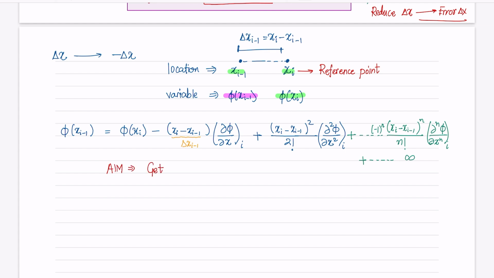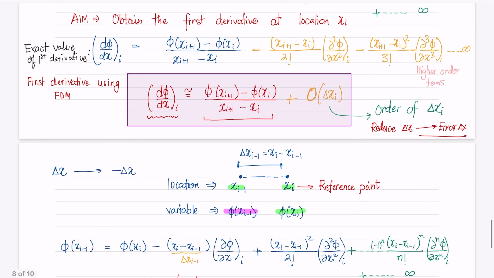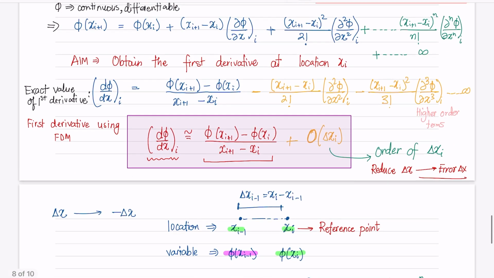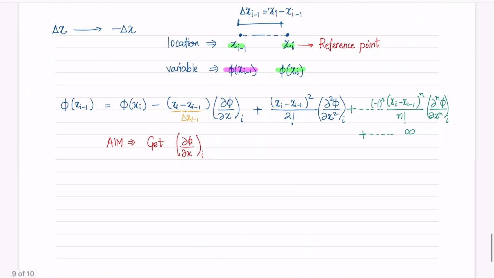get the value of del phi over del x evaluated at the point I. I'm using these partial derivatives here, assuming that this phi could be multivariable. If this is a single variable, this would simply become d phi over dx. I think in the previous case I was using both of them interchangeably.